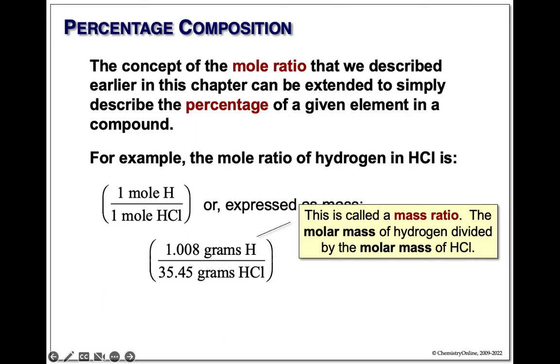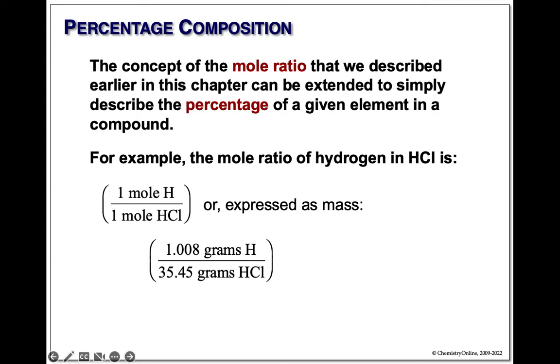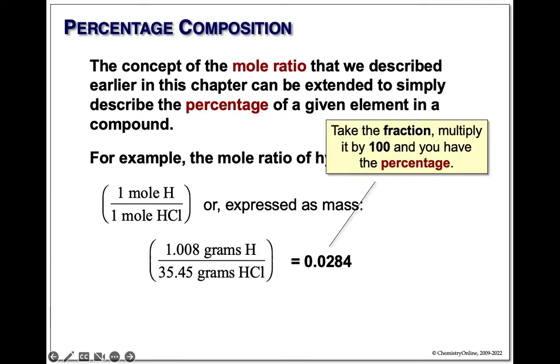All right. Well, this is a numeric ratio, isn't it? When you get something like that, you really want to divide it, don't you? What would happen if we divided these together? We would get the mass of hydrogen for a mass of HCl: 0.02.